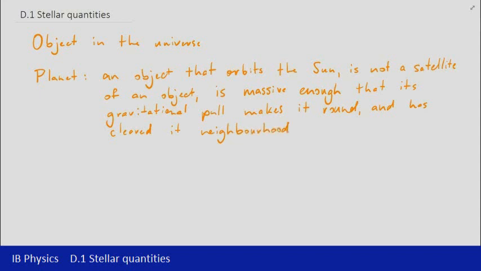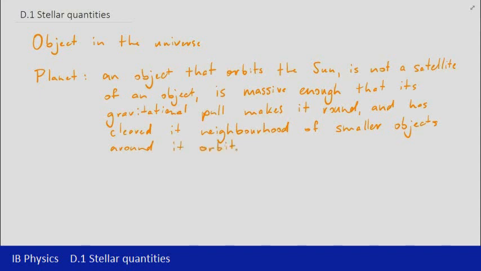So you've basically only just got the planet there, and so cleared its neighbourhood of smaller objects around the orbit. So that's the definition that basically ruled out Pluto as being a planet, and so the reason why we now have 8 planets in our solar system.